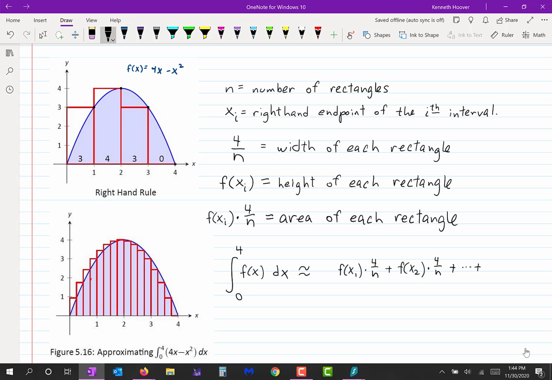So where will it stop? It stops when you get to f of xn times 4 over n. Okay?